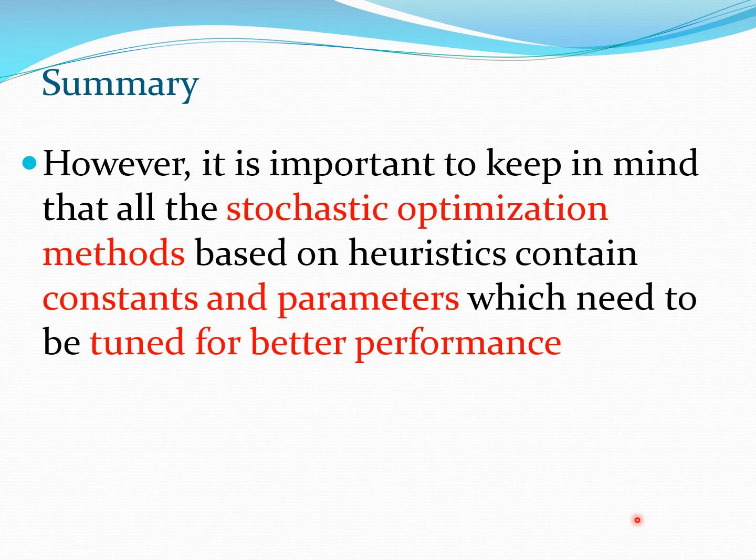There are many test functions which have been created by researchers over a long period of time, including by mathematicians. These functions involve all kinds of peculiar situations. They have local minima, global minima, they may have a huge number of local minima, and so on. Different types of functions are very important because you want your algorithm to work on these different cases.